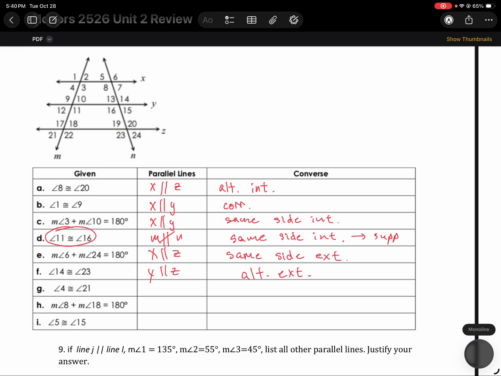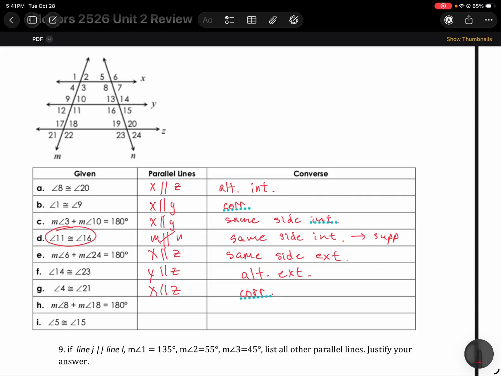Okay, angles 4 and 21 are the same. Yes, they are the same, and they cover lines X, M, and Z. So X and Z are parallel because these are corresponding.